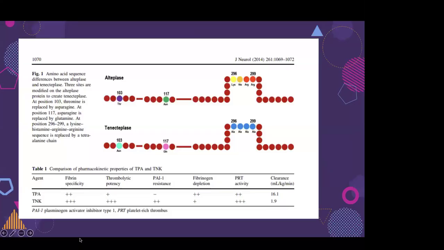So, as I mentioned, when we compare TPA to tenecteplase, TNK, the abbreviated form, has higher fibrin specificity, more thrombolytic potency, higher resistance to the inhibition, therefore lesser clearance and increased plasma life.